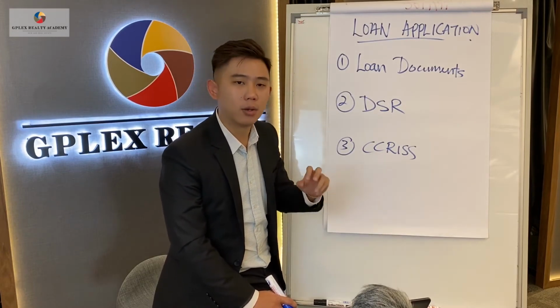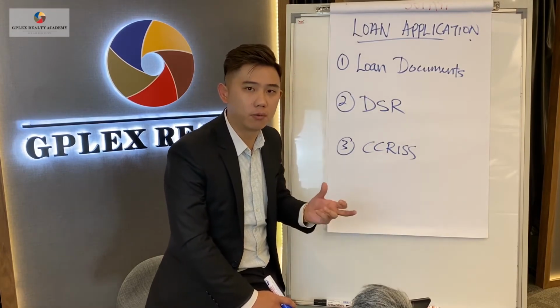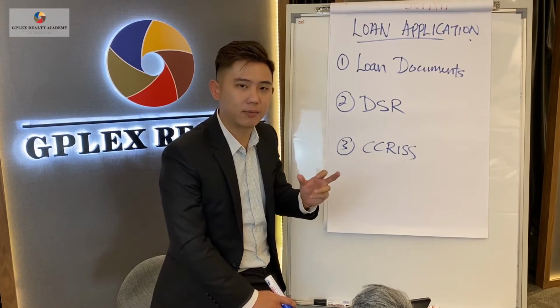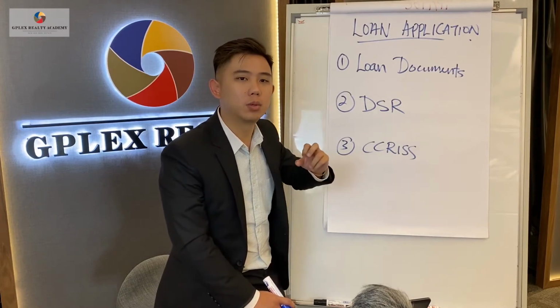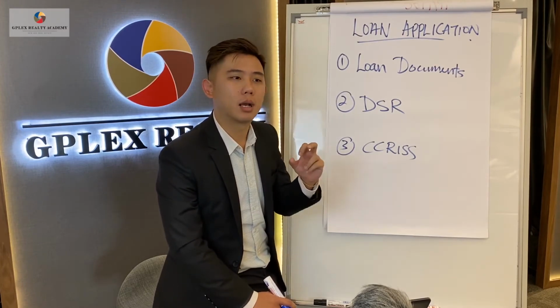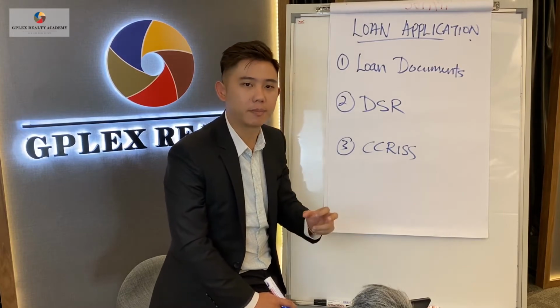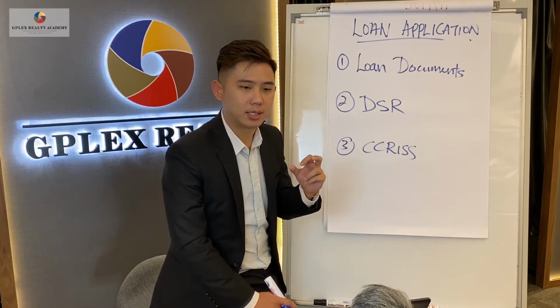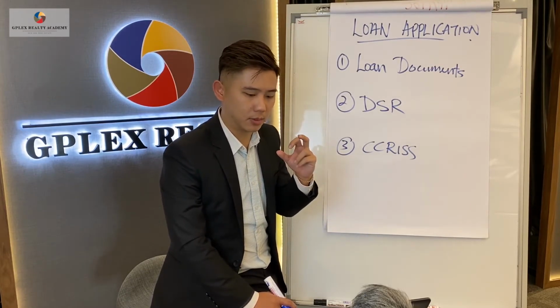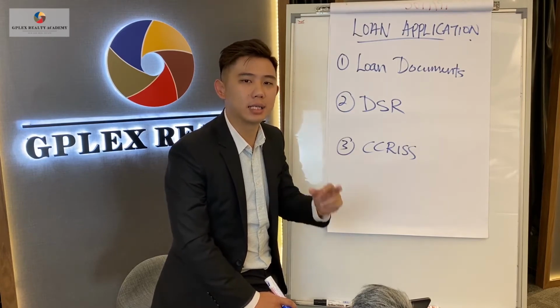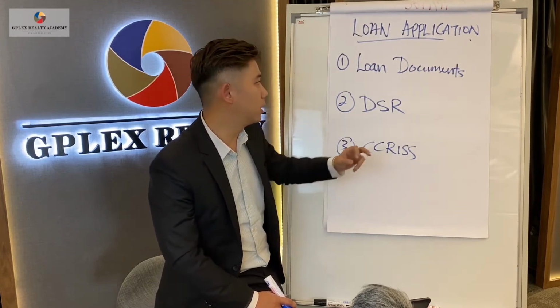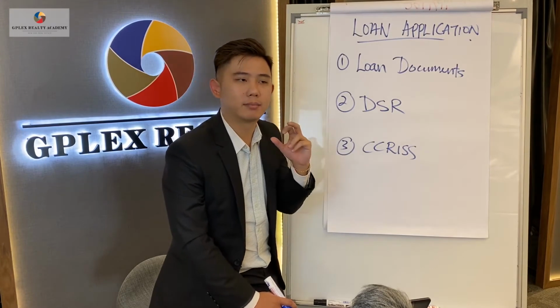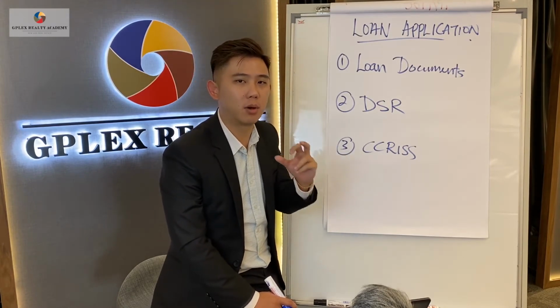For those who cannot prove or tally with the salary slip, the bank will not consider it as income, as they cannot prove their income source. So that will make the loan application more difficult.